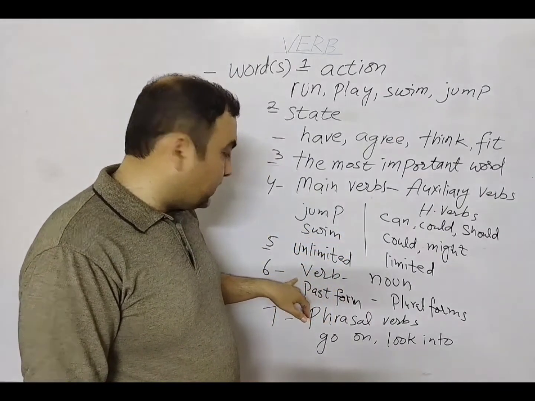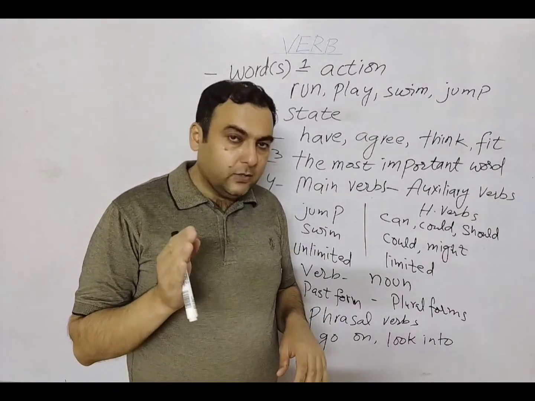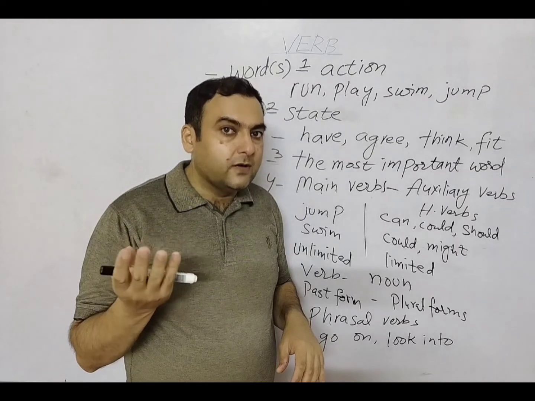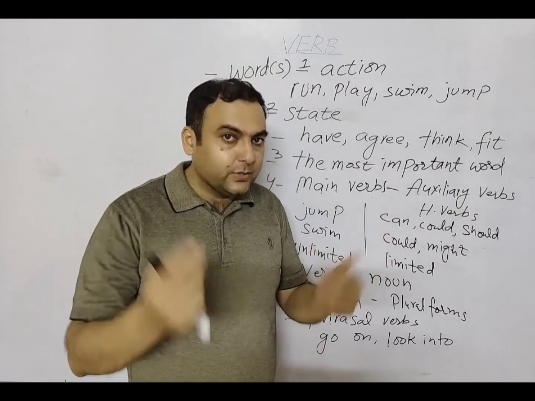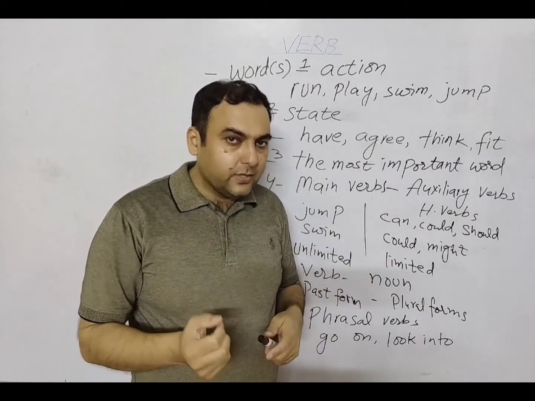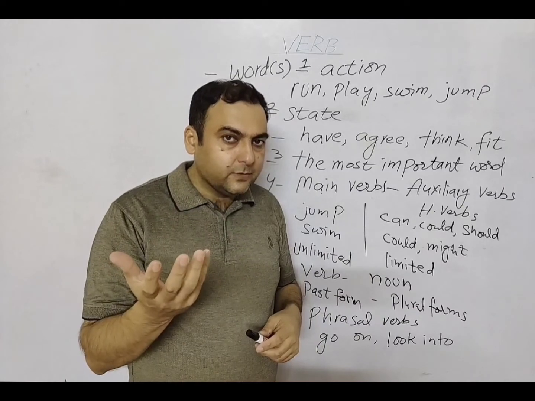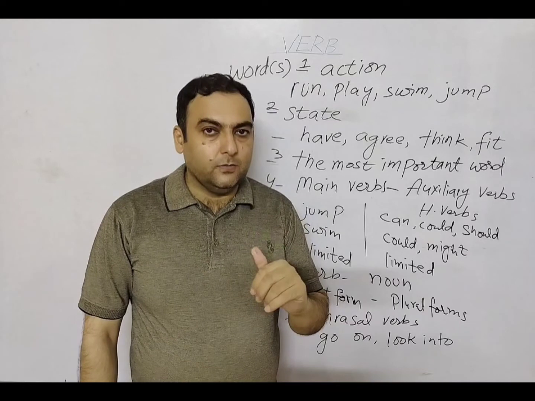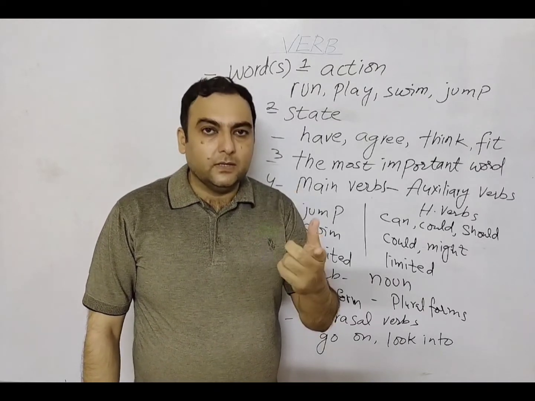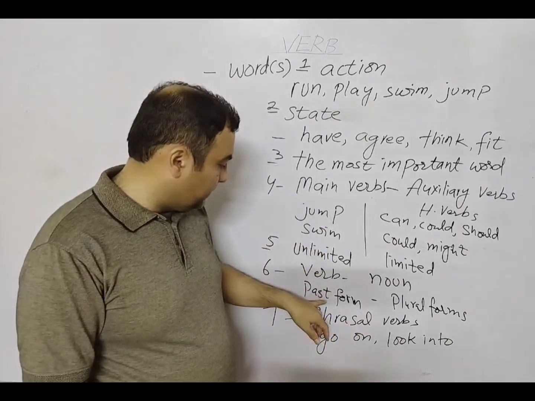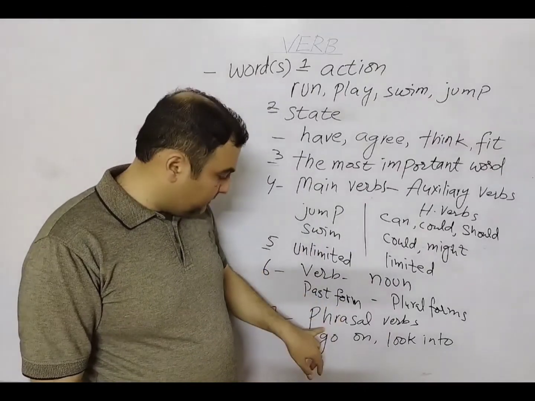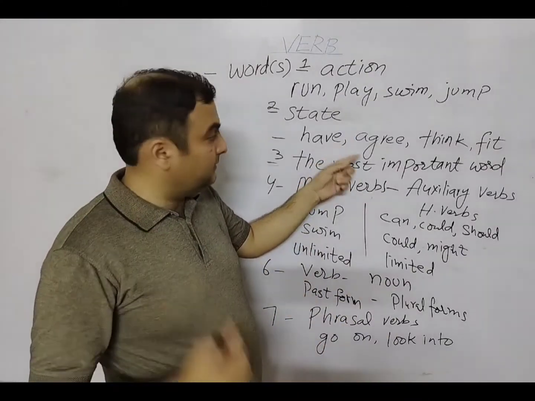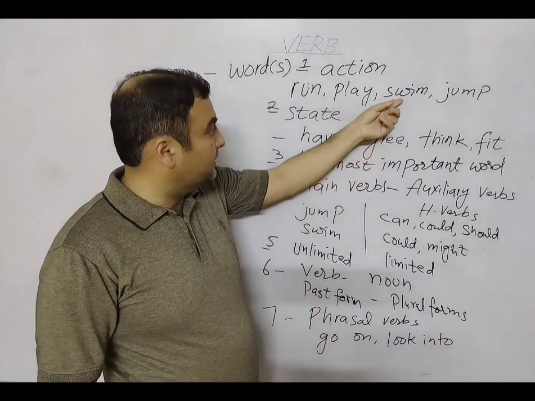The next point about verb is you might be asked this question: what is the difference between a verb and a noun? So what do you think? I'm sure you know the difference. The difference between a verb and a noun is verbs have a past form. If you take a verb, it has a past form. For example, have, had, agree, agreed, swim, swam.